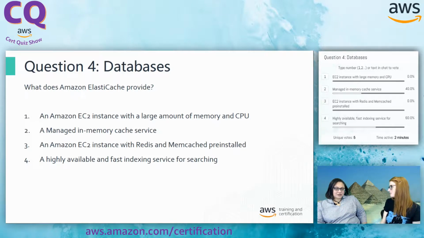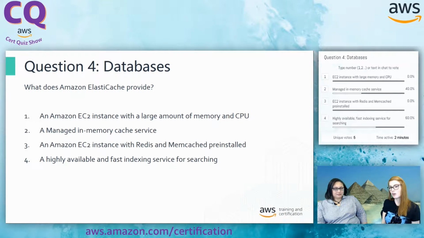So if I were to eliminate them a little bit, definitely it's not on EC2, so I'll take number 3 out. Number 4 is so close, but doesn't actually do justice to the description of what we provide. So cool. I guess I will go to number 2.